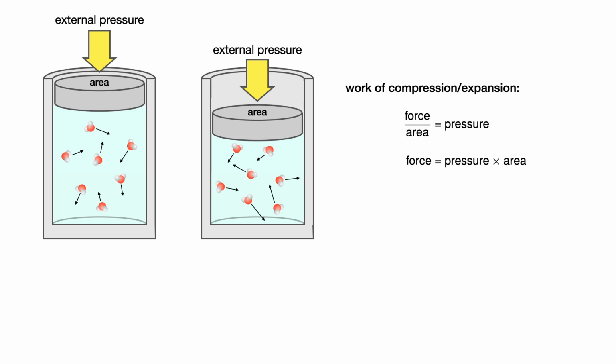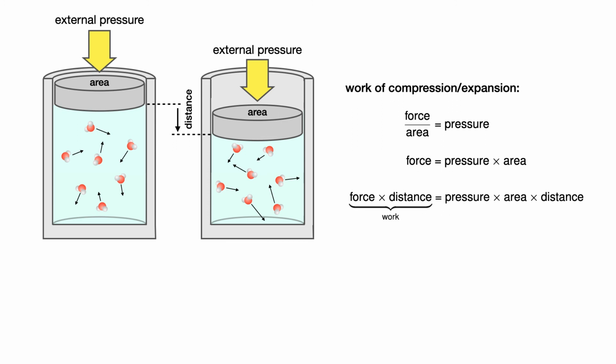And if we imagine that we are doing this compression very slowly, then the pressure of the water vapor within the cylinder is always going to be close to the external pressure that we're applying from outside. So again, as we are compressing, we are applying this force over a distance, and so the amount of work is going to be the magnitude of that force times the distance, and that's going to be equal to the pressure times the area times the distance.